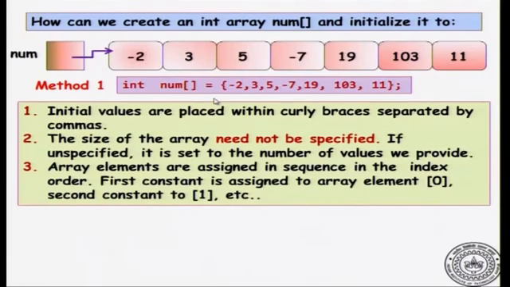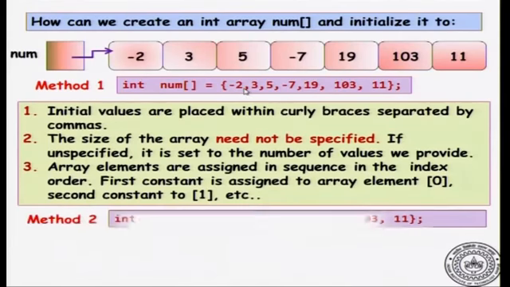The size of the array need not be specified. So, I did not say that num has size 7. It will allocate an array with enough space to hold 7 integers. Array elements are assigned in the order that you specified. So num[0] will be -2, num[1] will be 3, and so on. So it is done in a reasonable manner.